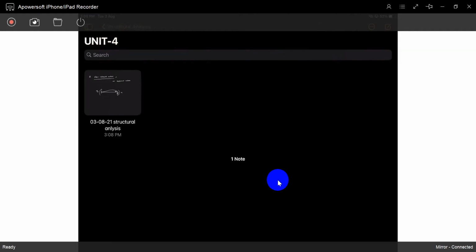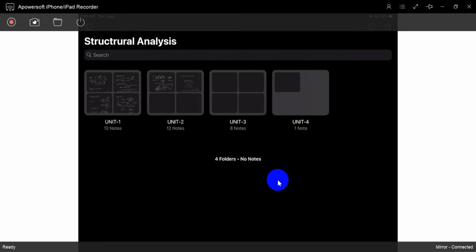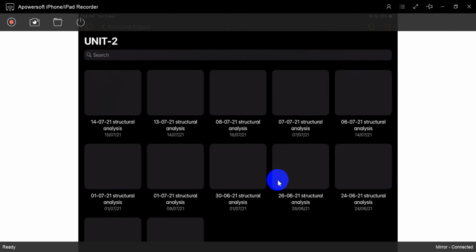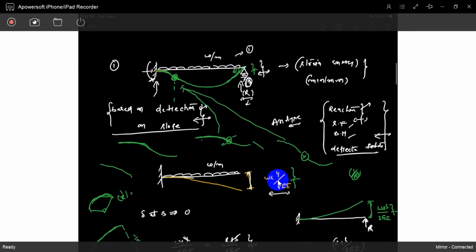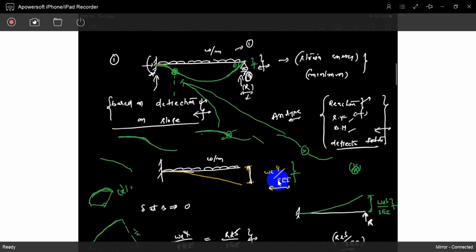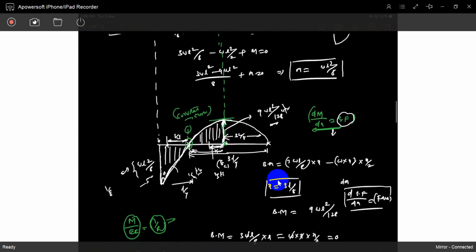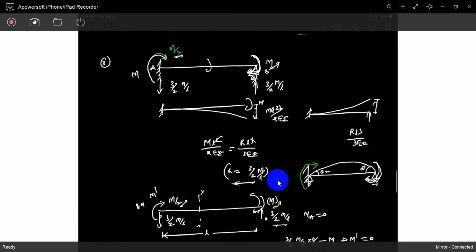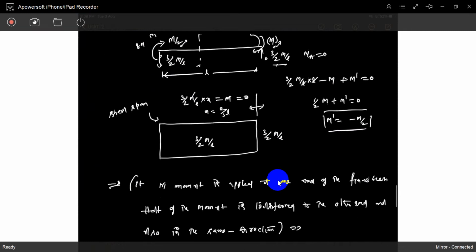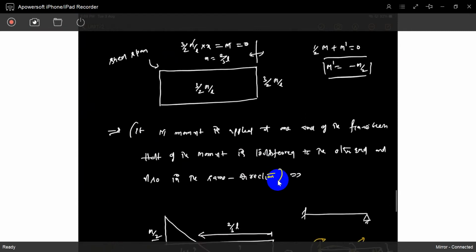If you don't remember, go through unit 2, I think, the cantilevers, first the propped cantilever. I said this is a very important point: if a moment M is applied at one end of the fixed beam, half of the moment is transferred to the other end, in the same direction.